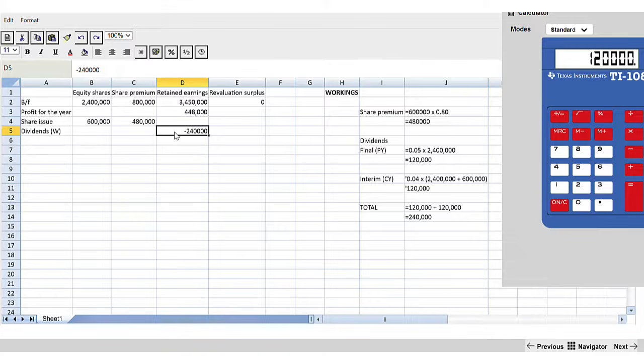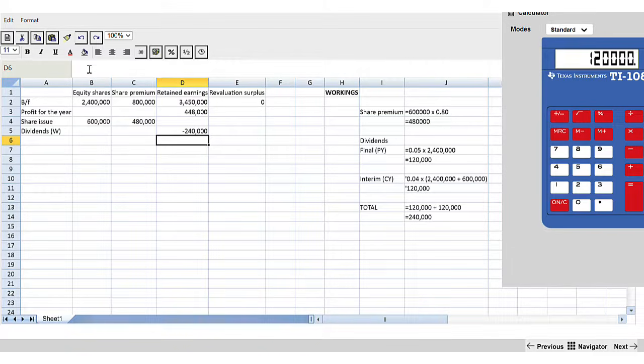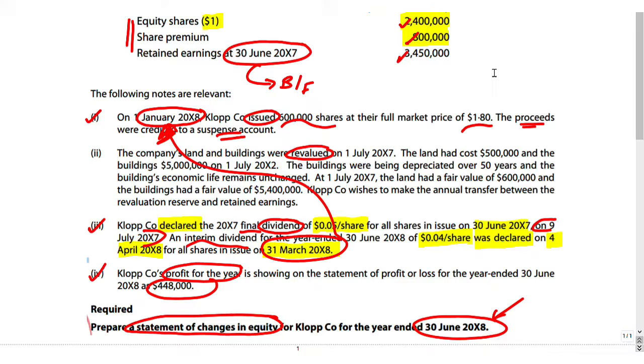There we go. Excellent. Again, if you so wish, I might even just put the comma in myself. Minus 240,000. Excellent. So we're getting most of the easier bits done within the question. That wasn't that easy, was it? That was a bit of a challenge, but there we go.